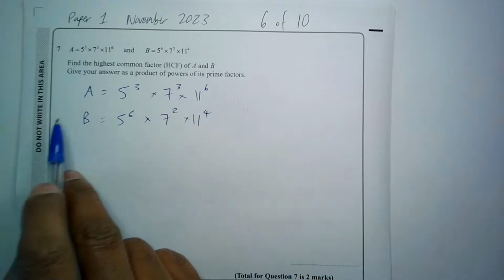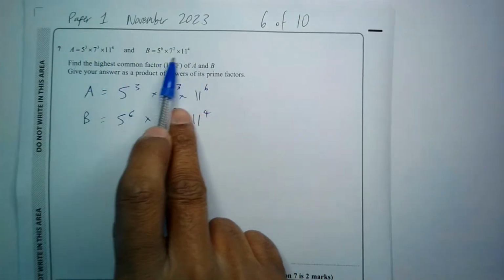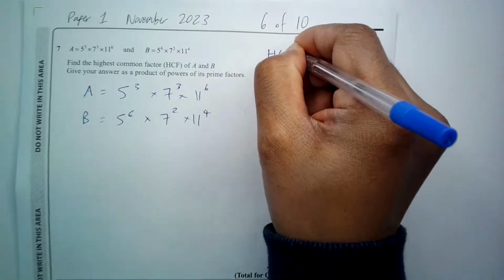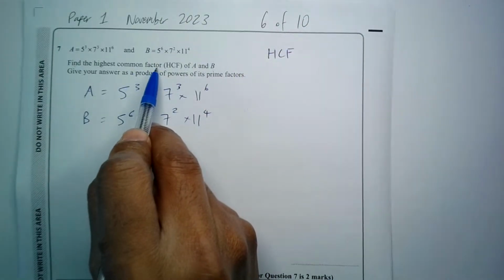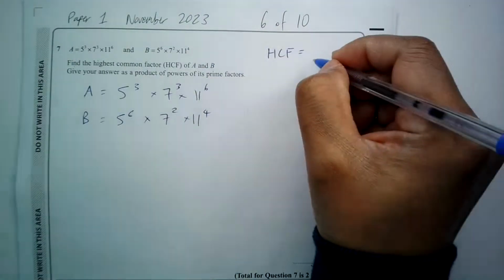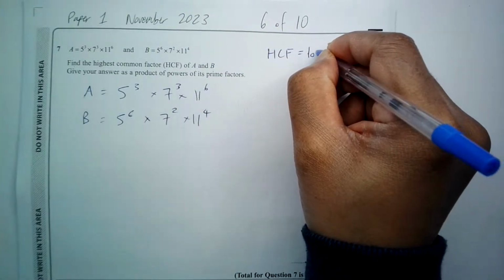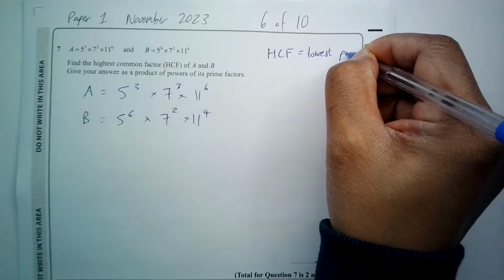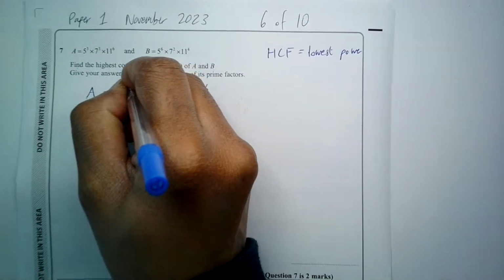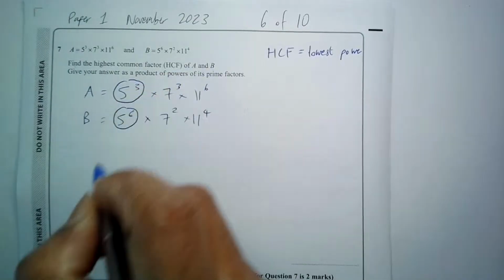So again, this time around we're given powers. When we're looking at powers for HCF, highest common factor, a number that goes into both numbers, we're looking for the power that is low. So lowest power. And so when I look at these, I've got 5 to the power 3 and 5 to the power 6.